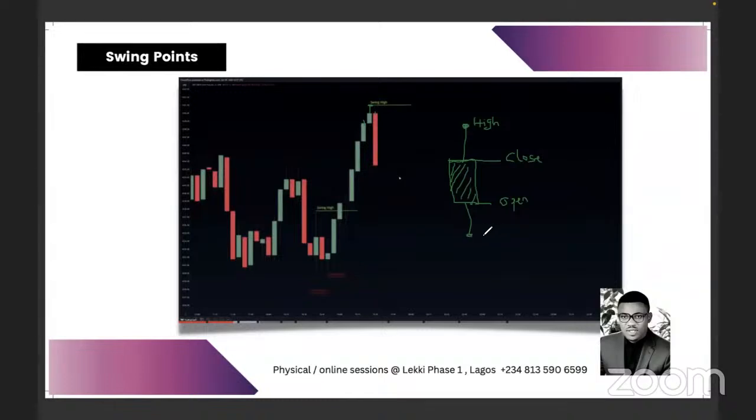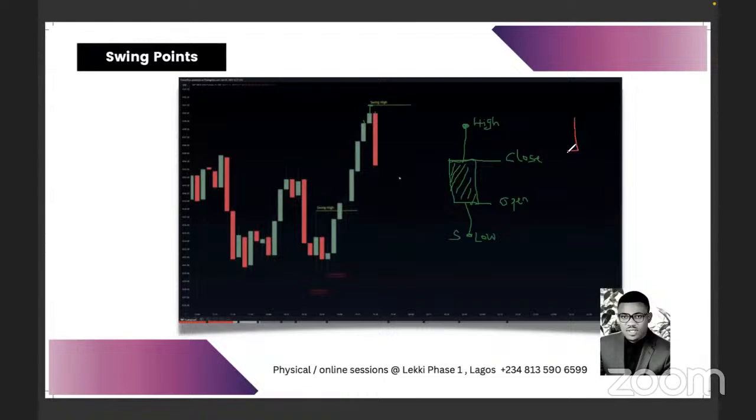When we say low, this is a candle low. So if this candle low is in the midst of two candles, one on the left, one on the right, which are not as low as this one, this place automatically becomes swing low. So this is the low of the candle, this is the open, this is the close, this is the high. Very important information I just gave out right here. Please, I don't want you to forget this.